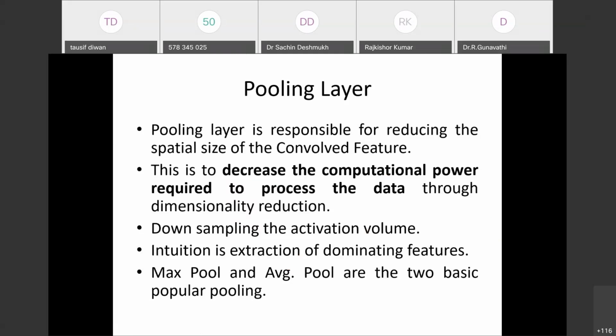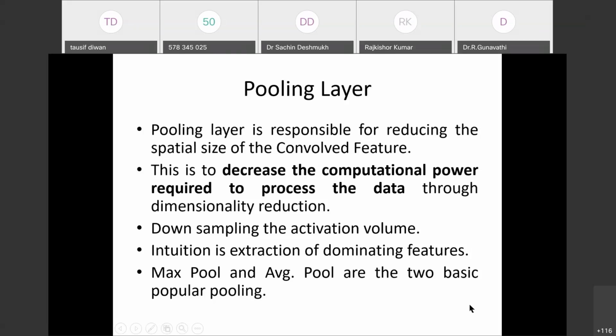It means that value corresponds to a feature which dominates the other features. So our aim is to extract the dominating features and omit the non-dominating features. It is also known as downsampling.